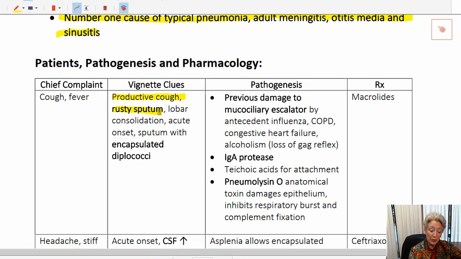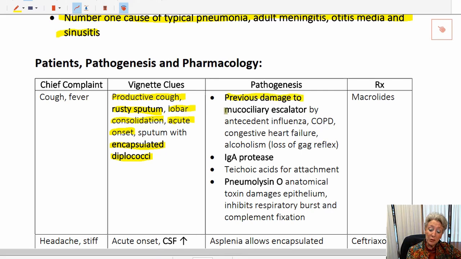Of course, typical pneumonia, lobar, high fever, acute onset, and then if you're lucky, you may find encapsulated diplococci in the sputum. That is not a terribly sensitive test, but remember, this would be the number one cause, which is your default position, regardless.